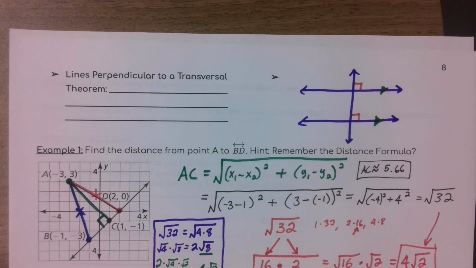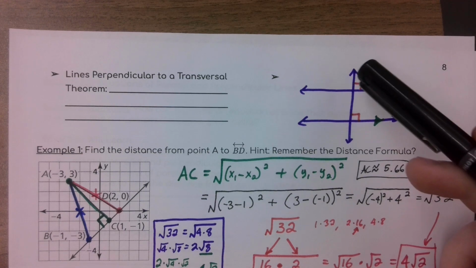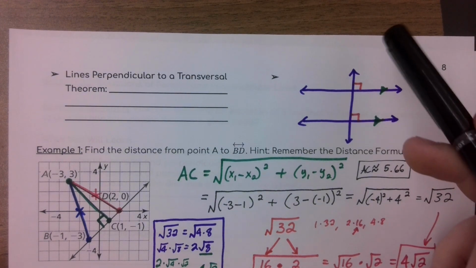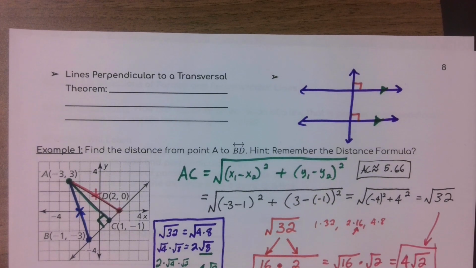So it's sort of the opposite. The perpendicular transversal theorem said, if they're parallel and one angle is a right angle, the other one's a right angle. This one says, if they're both right angles, then the lines must be parallel.